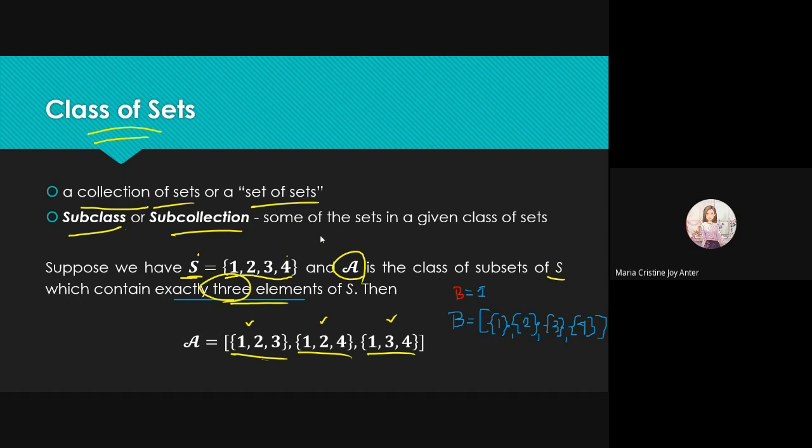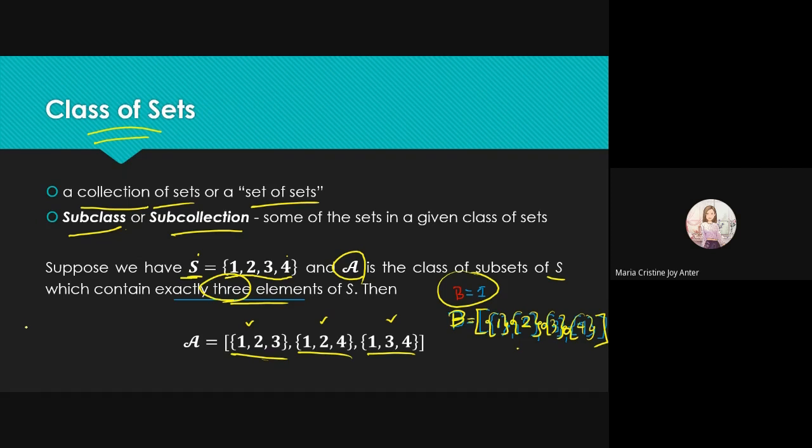What if it says exactly 1 element? For example, we have set B, beta. Its elements are only single ones: 1, then the set with only 2, the set with only 3, and the set with only 4. This is another class. What if it says exactly 2 elements?